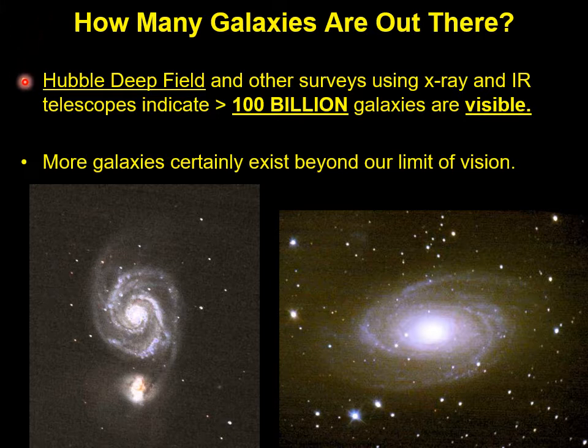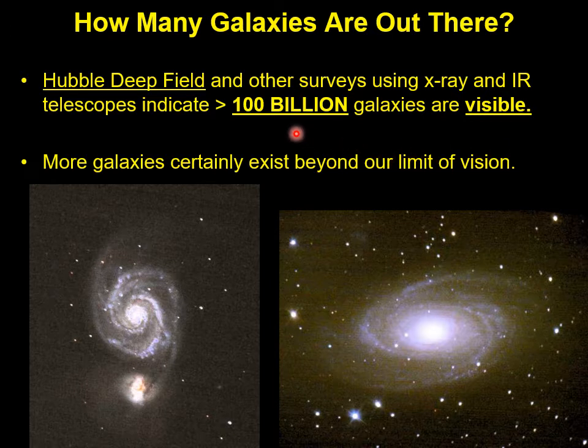Using surveys and statistical methods, for example, the Hubble Deep Field image and other surveys of galaxies, including not just in visible light, but in all the wavelengths, including X-ray and infrared, those tell us that there are at least 100 billion galaxies that are visible in our observable part of the universe. And there are certainly more galaxies that exist beyond our limit of vision. And so if the universe is infinite in extent, there may well be an infinite number of galaxies.